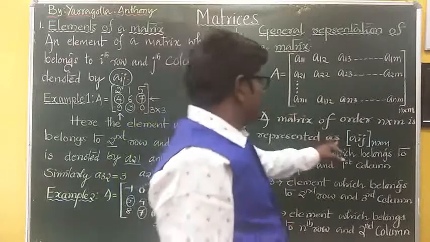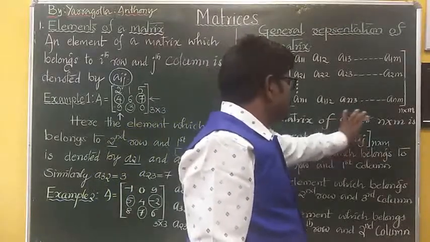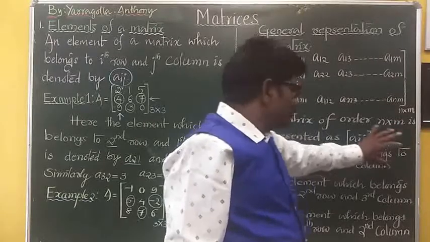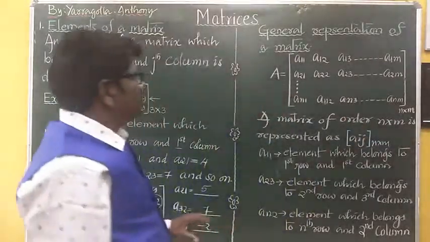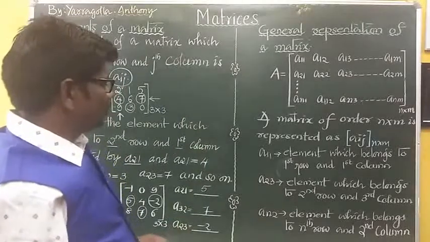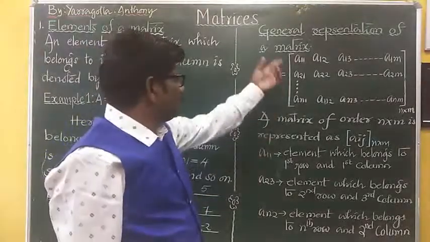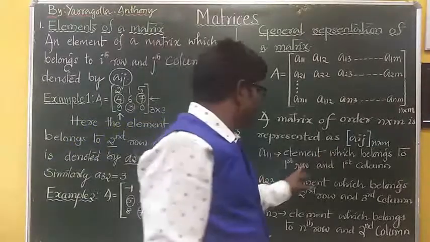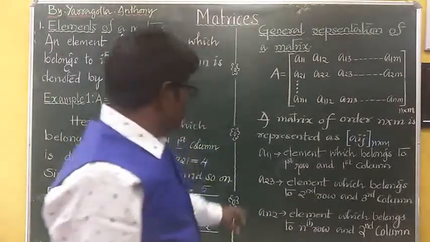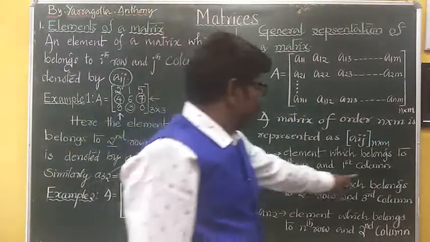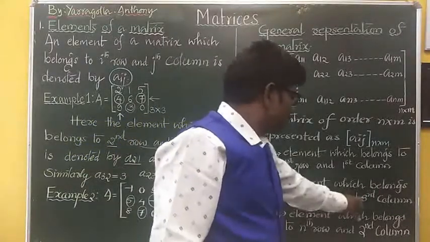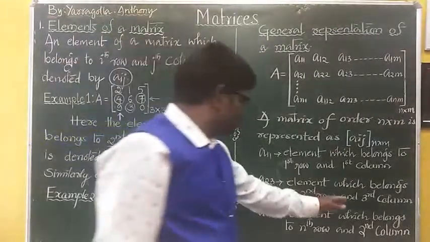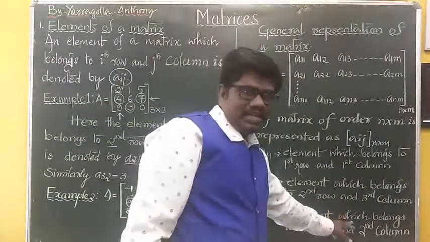That means you can write Aij inside the square bracket and put n cross m. So this is the representation of a matrix. Here, as we have just looked at, A11 is the element which belongs to the first row, first column. A23 is the element which belongs to the second row, third column. And An2 is the element which belongs to the nth row, second column.